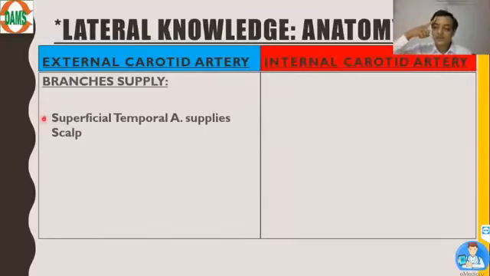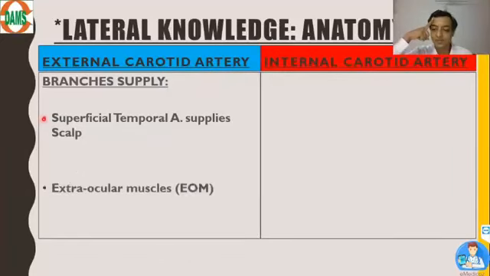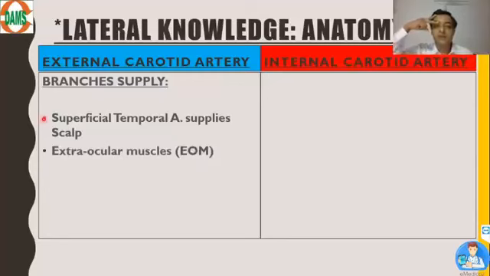So here we have got our superficial temporal artery. Superficial temporal artery supplies the skull. It also supplies branches of the external carotid.